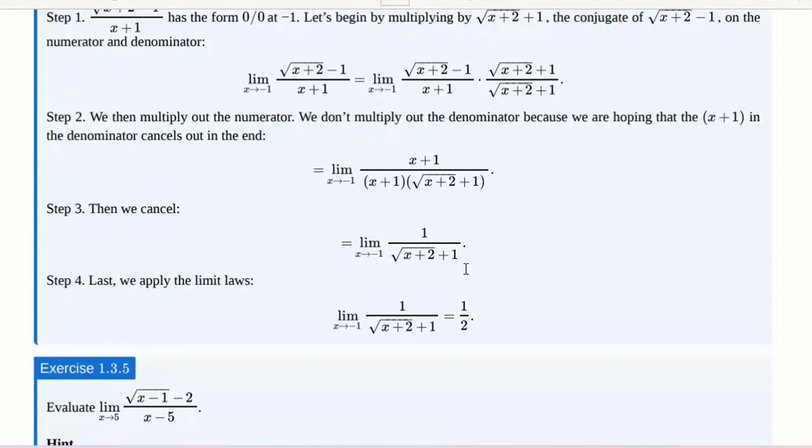Then the complex conjugate of x plus 2 is x minus 2. The complex conjugate of 25x plus 3 will be 25x minus 3. You just change the sign.